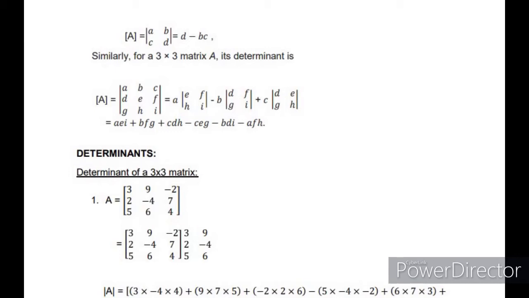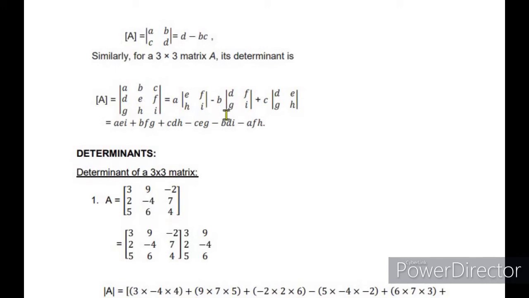We get them by taking all the elements that do not lie along the column of element A, as well as the row of element A.